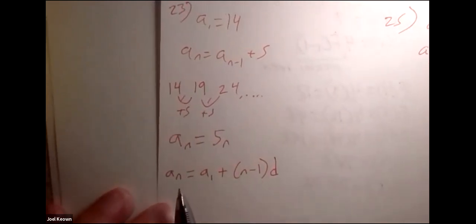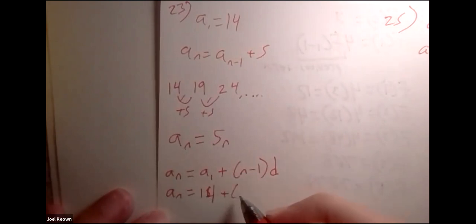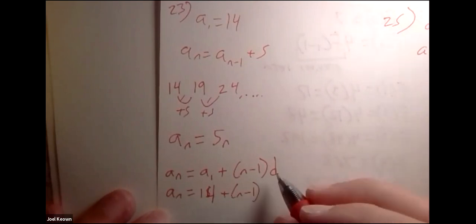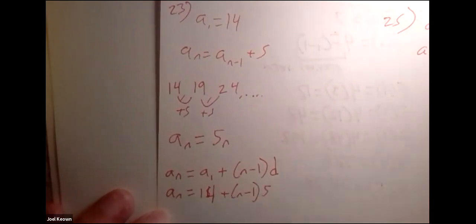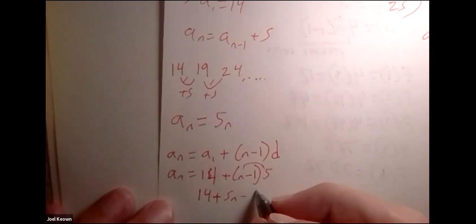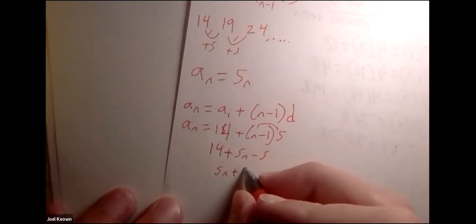So if I plug into this, I'll say, oh, a sub n, what's our first term? Our first term is 14, plus n minus 1 times, what's our d, which is really our slope? Well, it's 5. If I distribute, 14 plus 5n minus 5, and then say, well, 14 minus 5 is 9. So this is 5n plus 9.